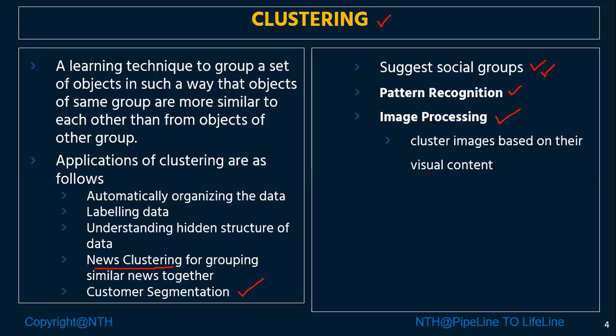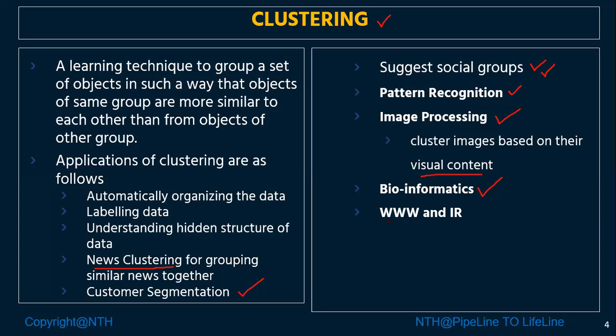If we apply this model based on your visual content, automatically the application would tell whether you are suffering from a brain tumor or not, isn't it? Like that, a lot of applications where these things appear. So bioinformatics is one area where clustering would be applied.